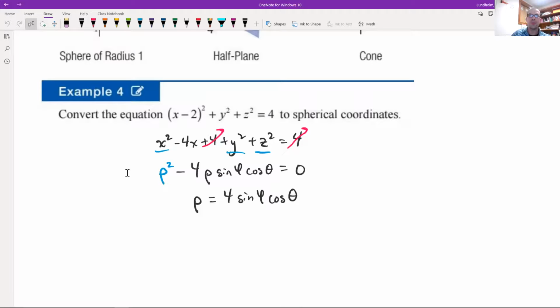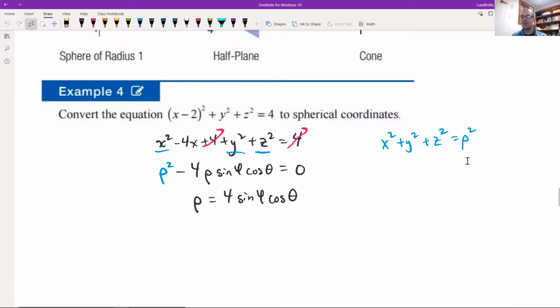And x squared plus y squared plus z squared equals rho squared is a good equation describing a sphere of radius rho centered at the origin.